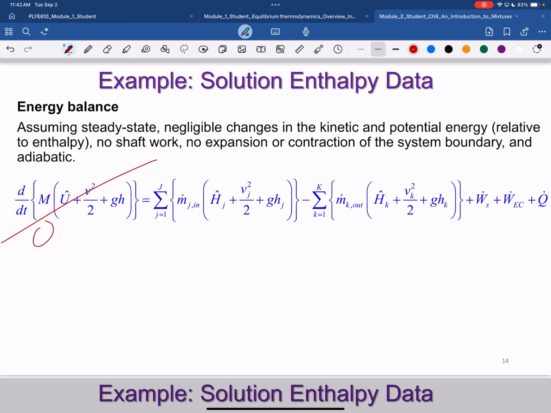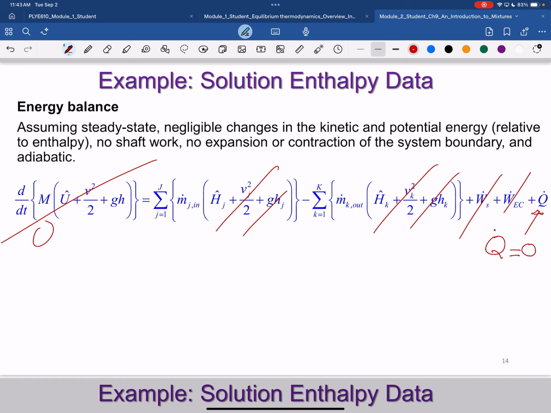We didn't have any mention of changing the elevation or the velocity, the kinetic part of the energy. So these two parts also go away. There is no shaft work involved in the process. There is no contraction or expansion work. And this is the adiabatic part, Q dot equal to 0.